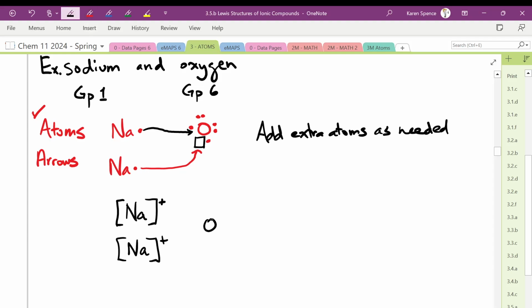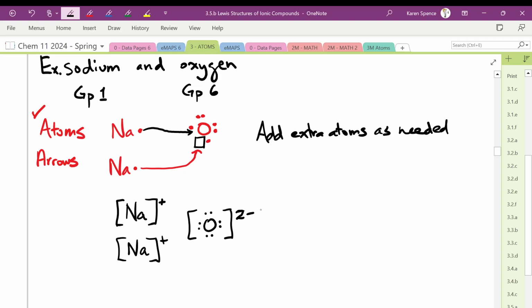How many electrons in oxygen's outer shell? 6. 1, 2, 3, 4, 5, 6. And I'm done, yes? Brackets. Done. The charge. I need the charge. Oh, 2-.